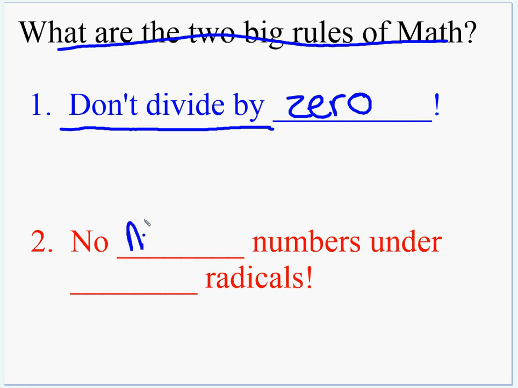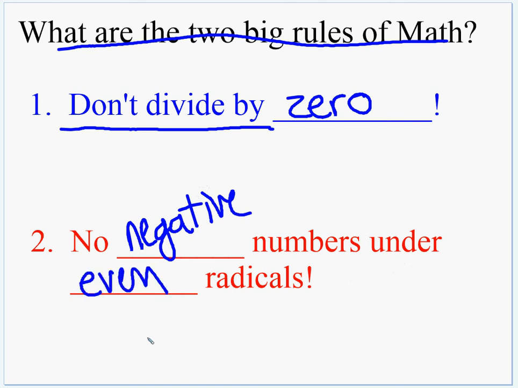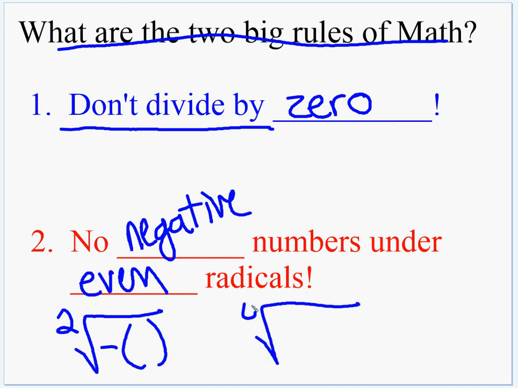Well, that'll be no negative numbers under even radicals. Like if you're going to do a square root, you can't have a negative number under there because you can't square root a negative. And that would be the same for a fourth root or a sixth root. We can only have positive values under those even radicals.